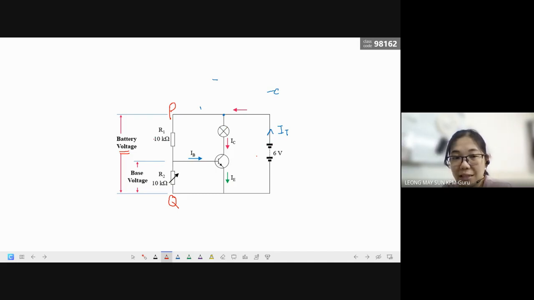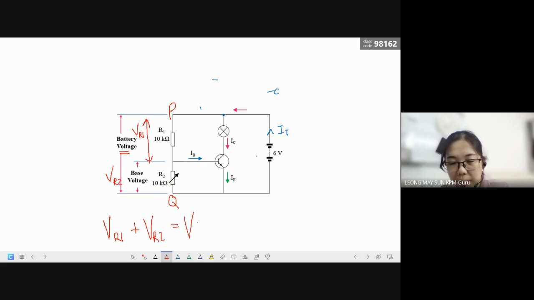So if they are in series to the battery, the potential difference across R1 plus the potential difference across R2 should give the potential difference from the battery.